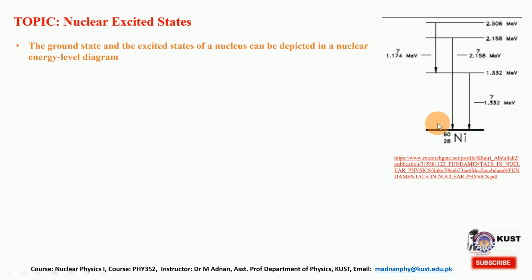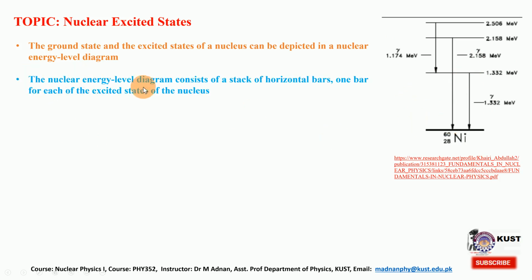So here you have the ground state, and these are the various excited states. These transitions will give rise to gamma rays having a particular energy, which is equal to the difference of the two states.